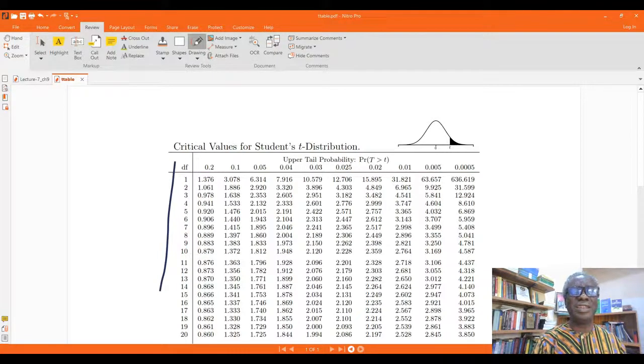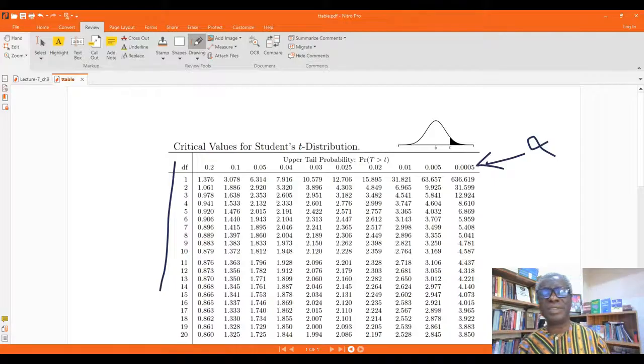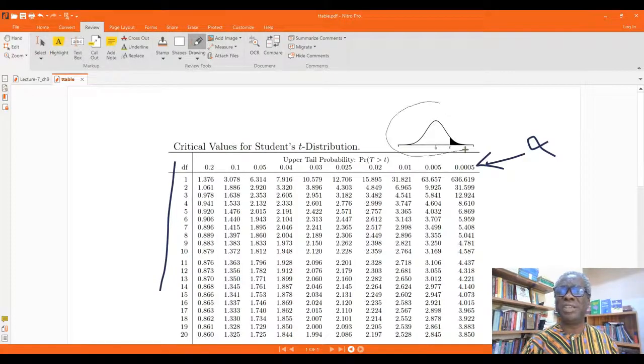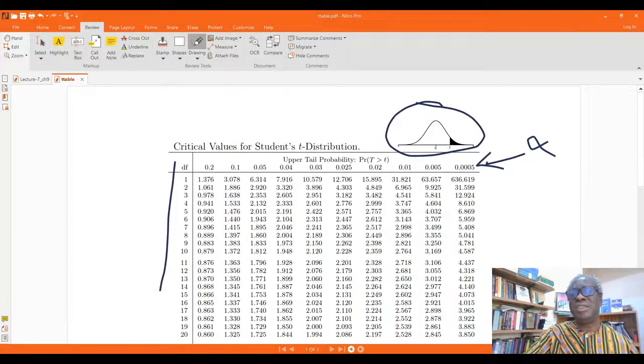And on the top row, that's where you have the alpha value. But you have to be careful because you have to look at the distribution that is shown there.